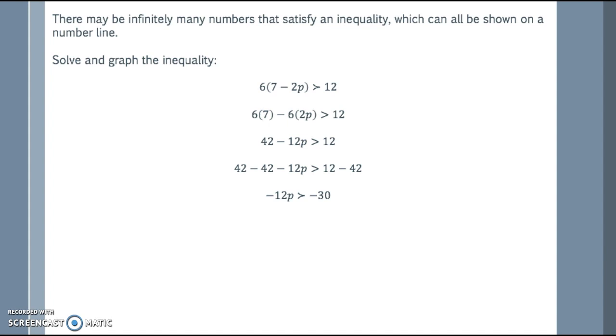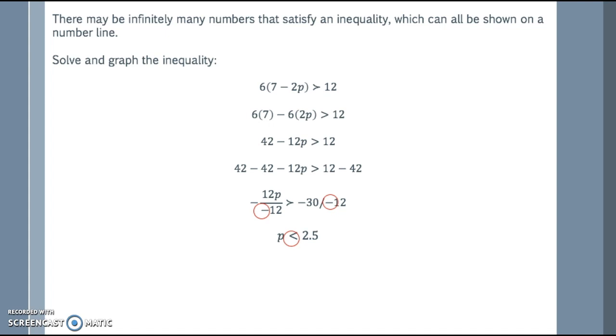To get p by itself, we'll have negative 12p divided by negative 12 is greater than negative 30 divided by negative 12. Notice that we're dividing by a negative. This will ultimately change and flip the sign of our inequality.